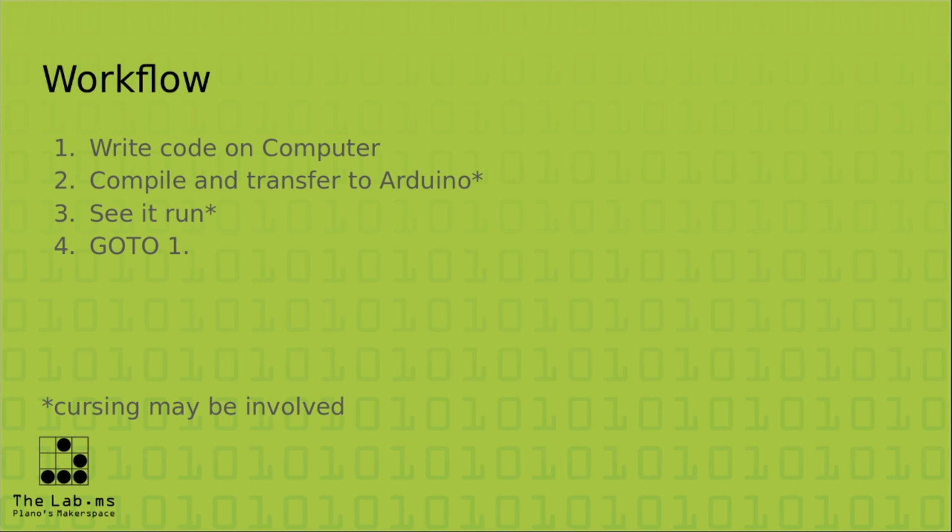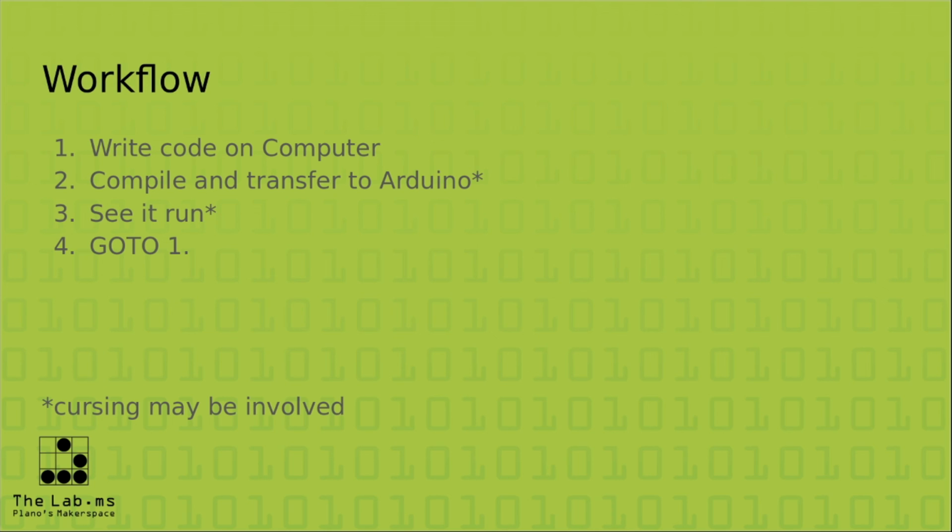And then the workflow. Once you've got all this stuff connected and it's all working, how do you develop your code? What does that look like? So first you will be creating a sketch, and that's writing code on your computer. Then you compile it and transfer it to the Arduino, and that's done with one button usually.